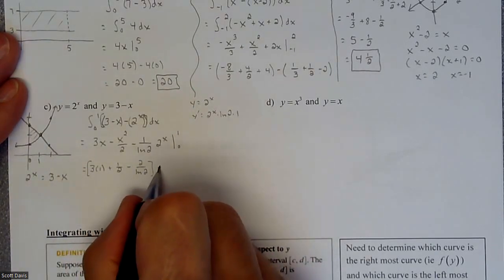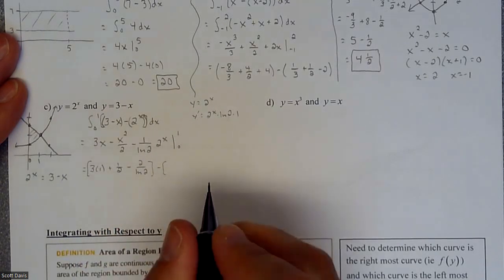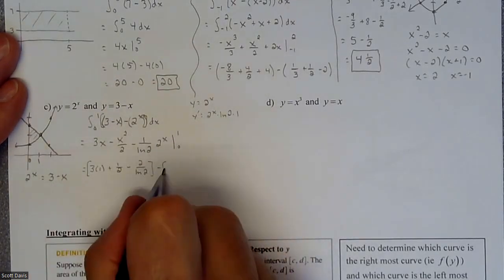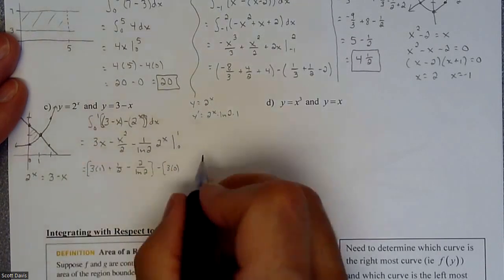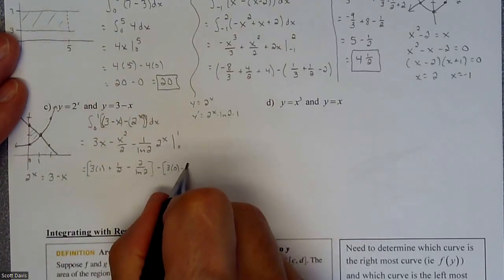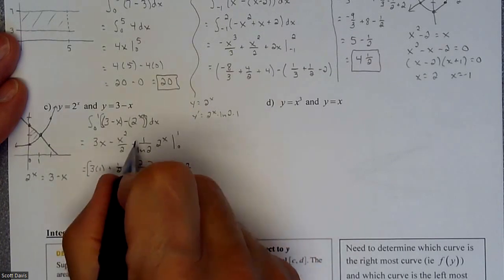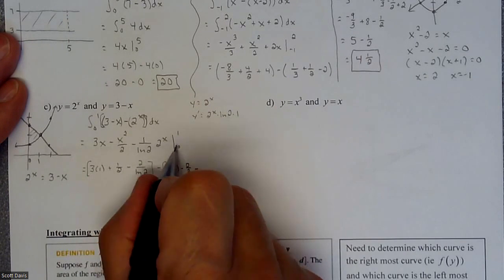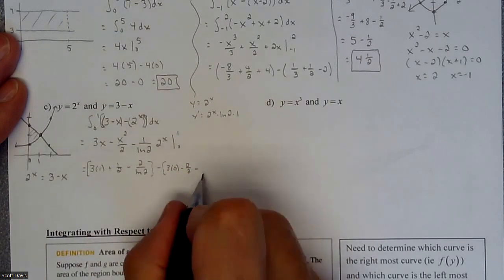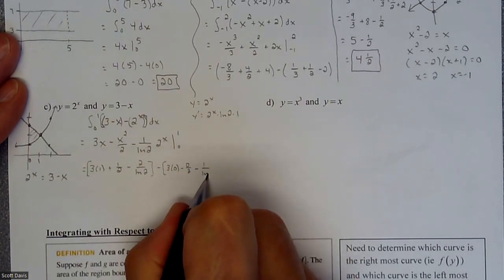That's our first one. And then minus, we're going to plug in 0: 3 times 0 minus 0 over 2, and then minus 2 to the 0 power, which is 1, over the natural log of 2.